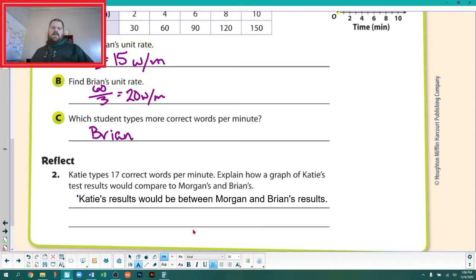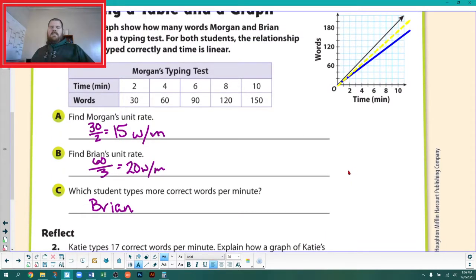Okay. So Katie's results would be somewhere in between them. In other words, Katie's going to type more words in the same amount of time than Morgan, but fewer words than Brian.